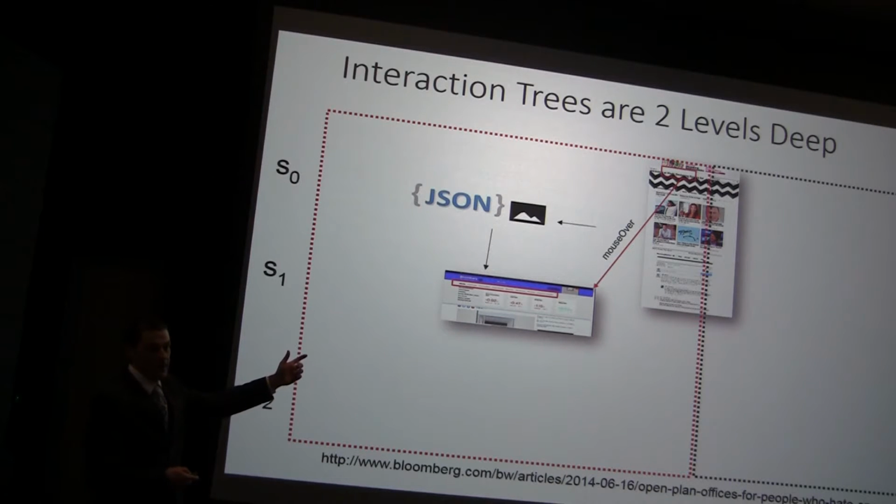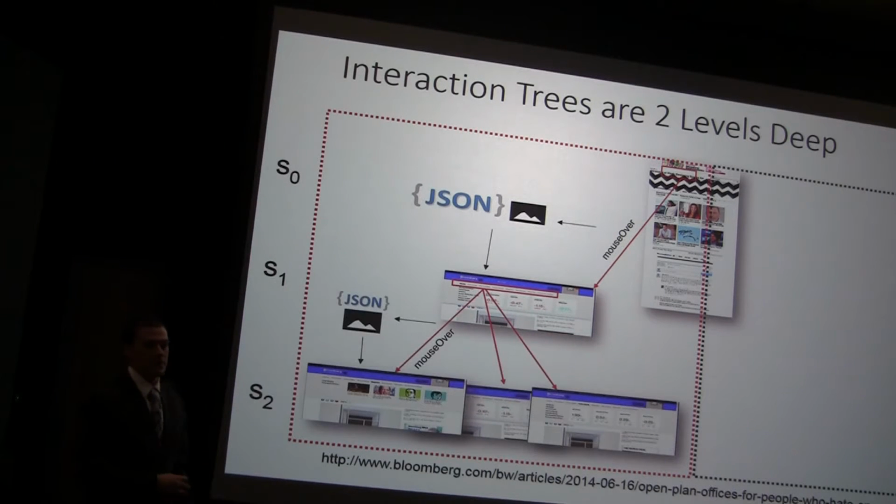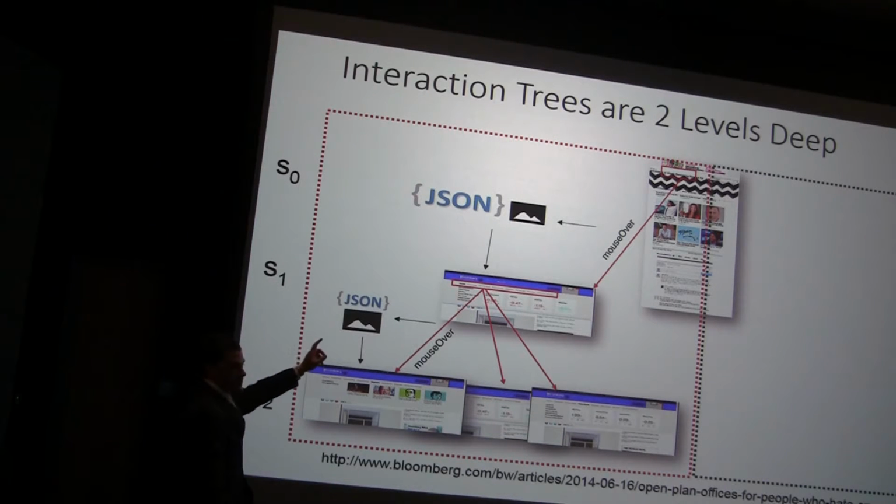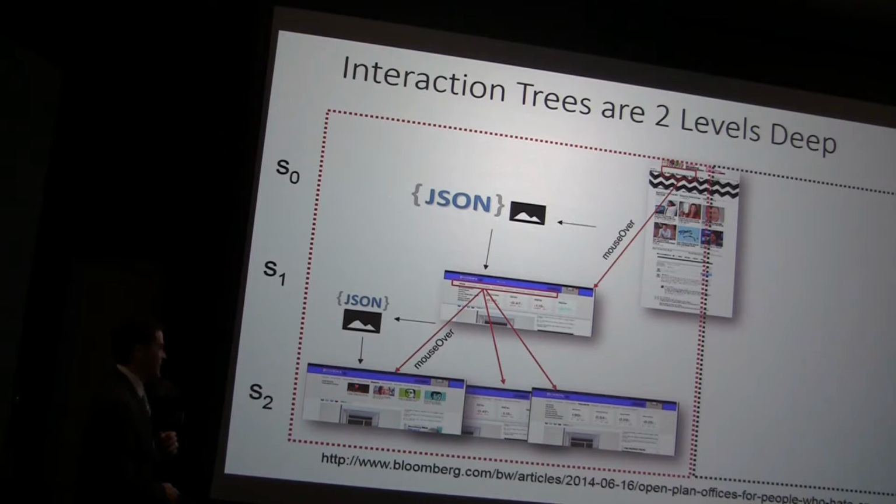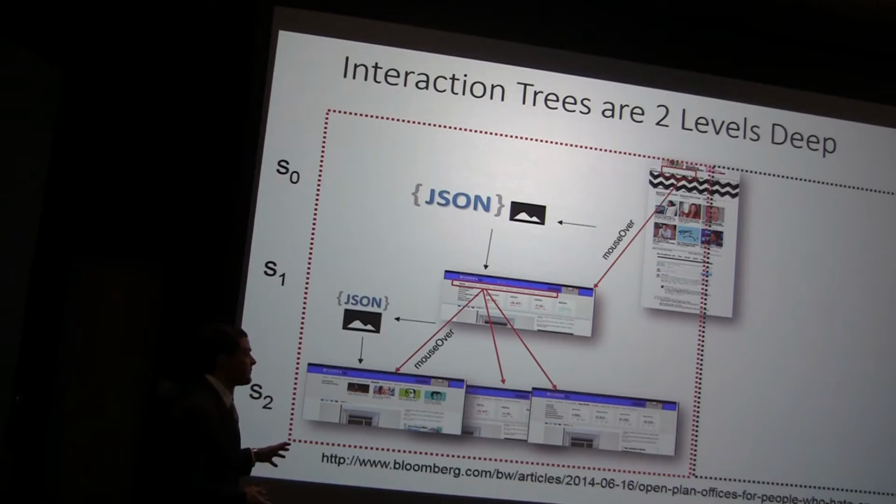But that new menu bar has items that you can mouse over. If you mouse over those new menu bar items, you get another set of AJAX requests that return JSON and images. Now we get things like stock tickers and movie reviews in each of these sub-menu bars. This is an example of building out that descendant tree.